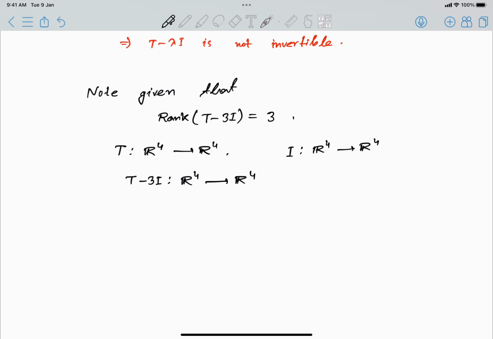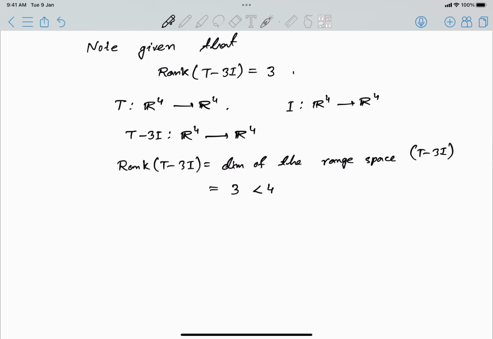So rank 3 is given. Rank of T minus 3I is the dimension of the range space of T minus 3I. This is the definition of the rank, right? And so this is 3, but T minus 3I is a map from R4 to R4, and the dimension of the range space is 3, which is strictly less than 4, because dimension of R4 is 4.